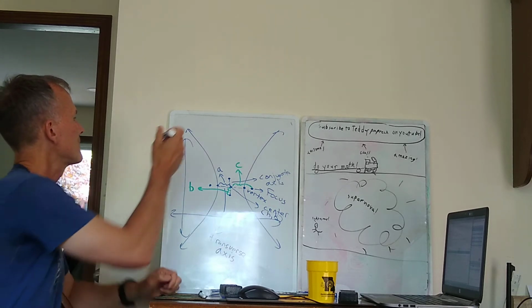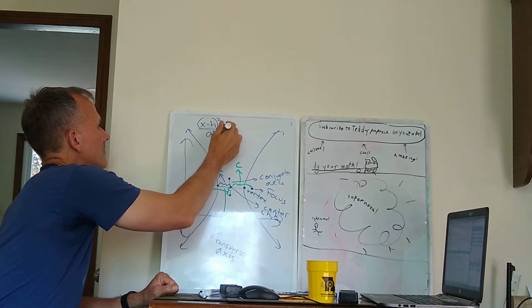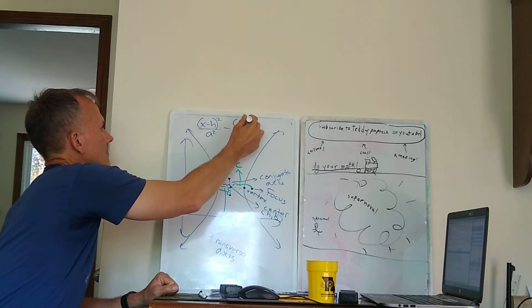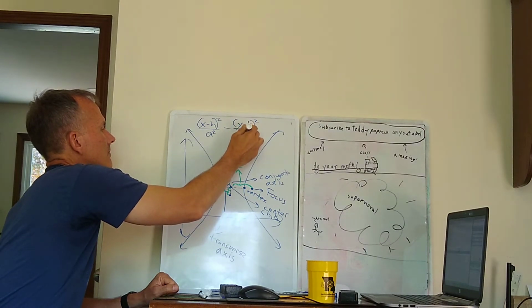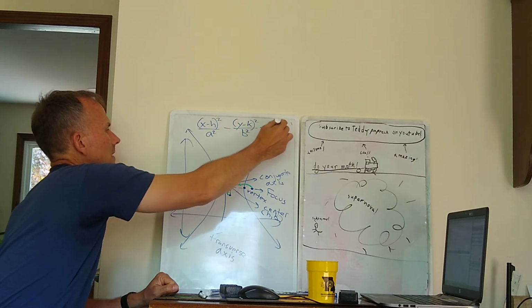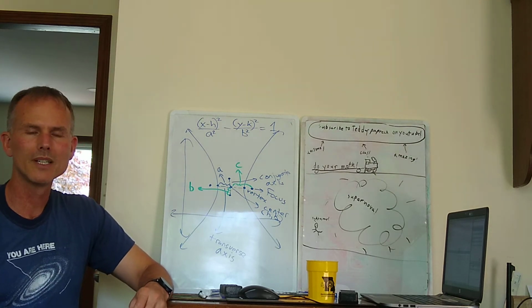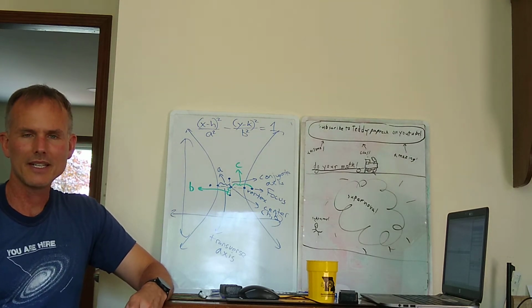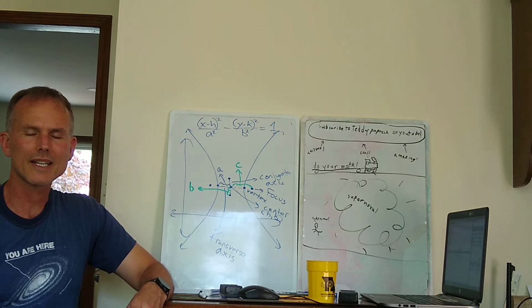It's going to look like this. Okay, there it is. That is the standard form of the equation of a hyperbola that has a horizontal transverse axis.